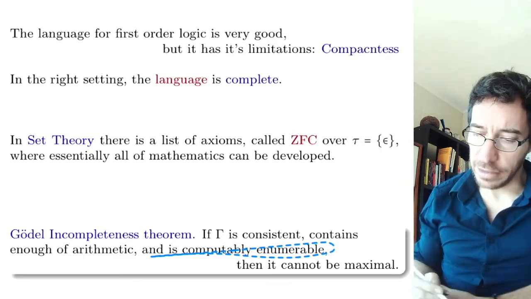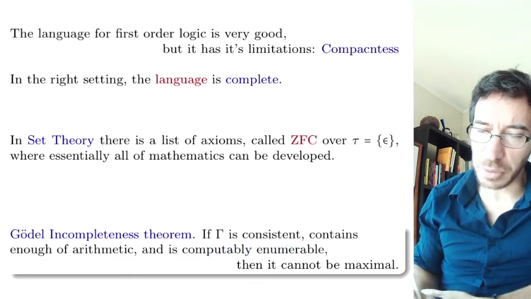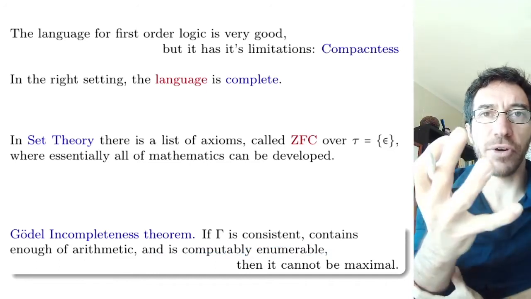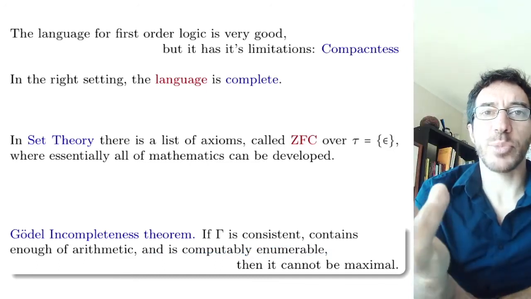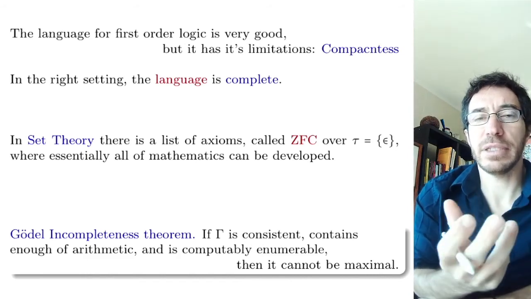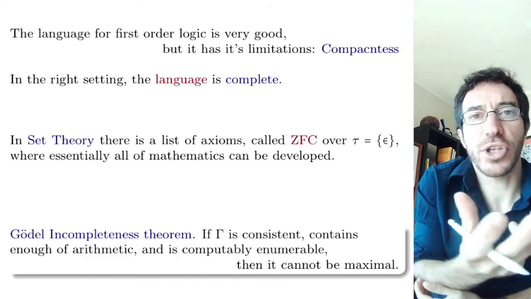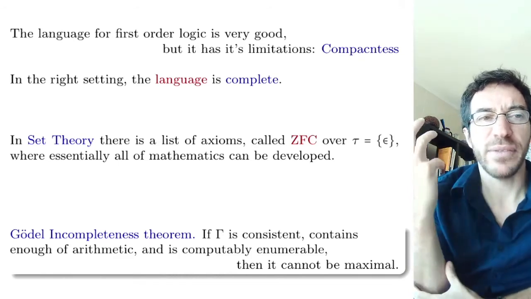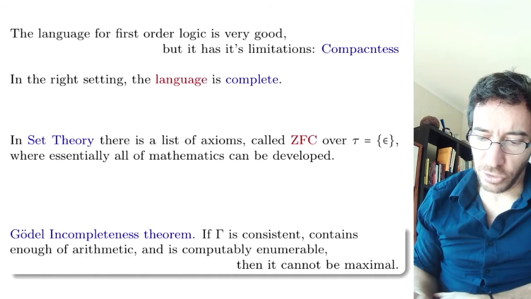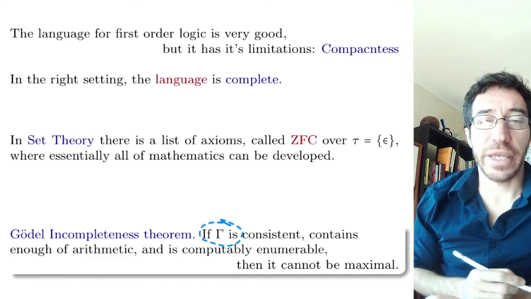This is saying that there's always going to be a sentence such that neither it nor its negation is provable. So you cannot decide which one is the true one. There's always going to be something missing, and therefore your set of axioms is incomplete.